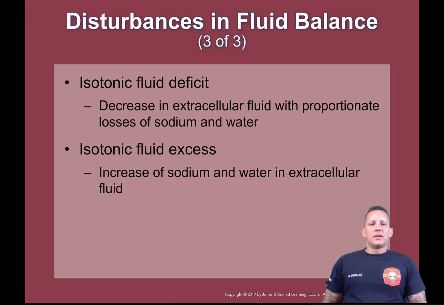And so these are maybe the people that you're looking at that are dehydrated. And then we have isotonic fluid excess, which is an increase of sodium and water in the extracellular fluid. So this is really kind of a different way of putting dehydrated or edematous.